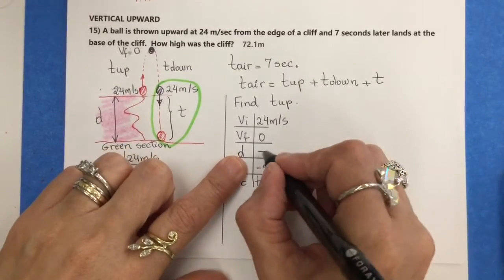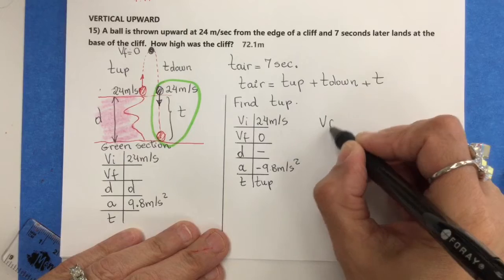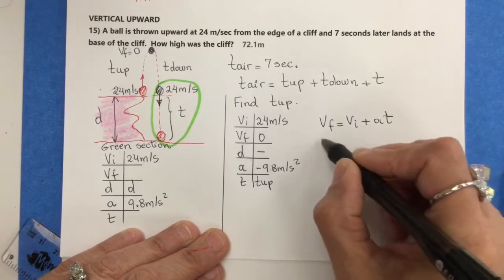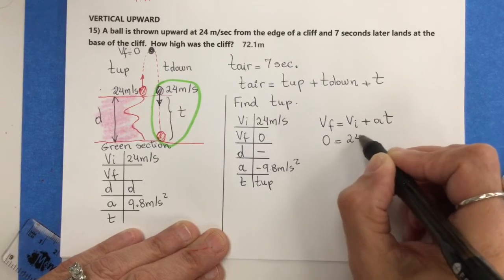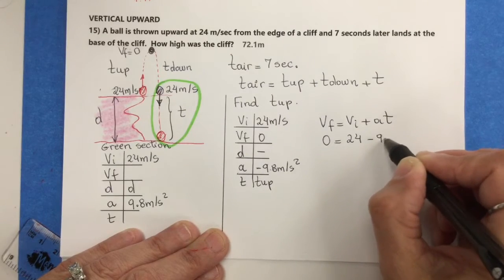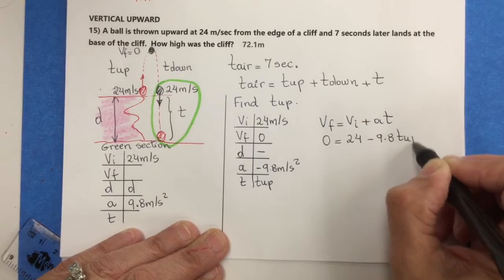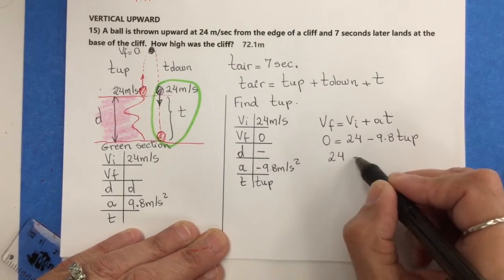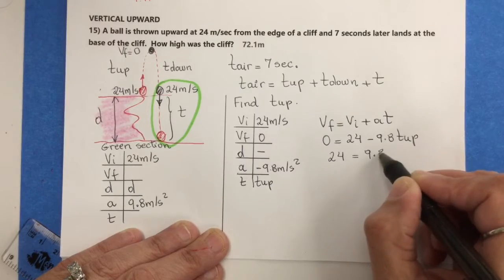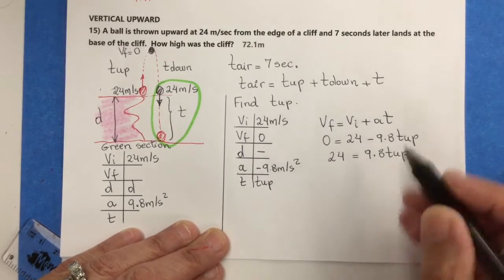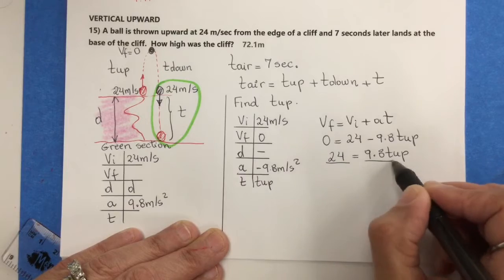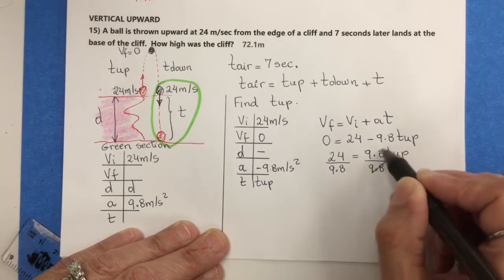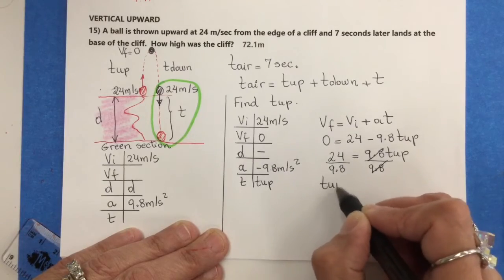So this here is VF equals VI plus AT. VF is 0, VI is 24, minus 9.8 T up. So moving things around, we have done this before. Now we are going to divide by 9.8.